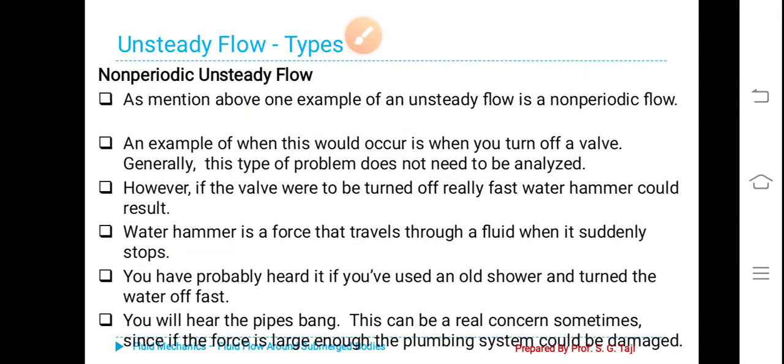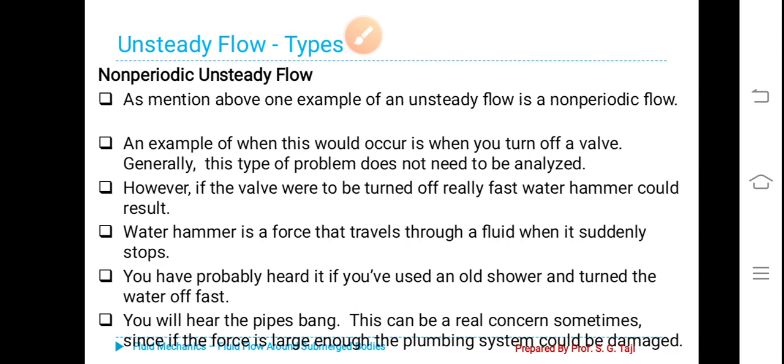Now, different types of unsteady flow. From the engineering point of view, we should study unsteady flow, as this flow is associated with variation in velocity and momentum.